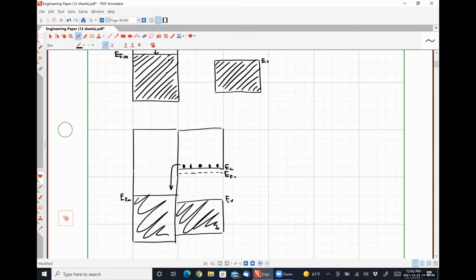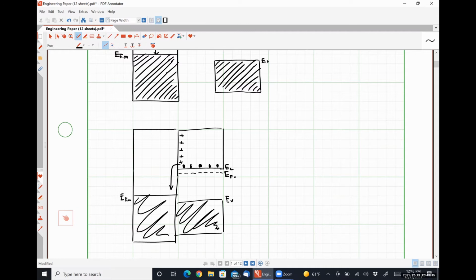All right, now what is going to happen is these electrons move to the metal, thereby positive charge starts to accumulate in the semiconductor side, because those donor atoms are literally giving up an electron.